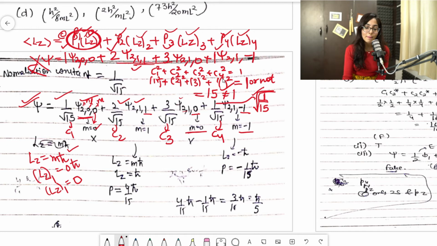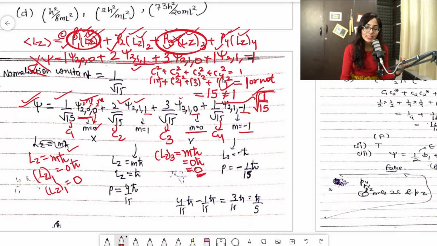Here also m is equal to 0. So when I calculate LZ3, that would be m h cut, again 0 h cut, that again would be 0. So when it is multiplied with P3, that would also be 0. Clear? So this will be 0 and this will be 0. So I will not take these parts. Simply neglect them. I will take the P2 part and this P4 part. Clear?